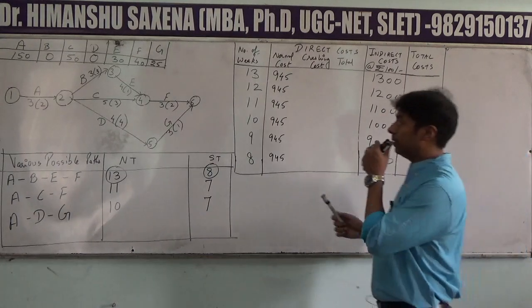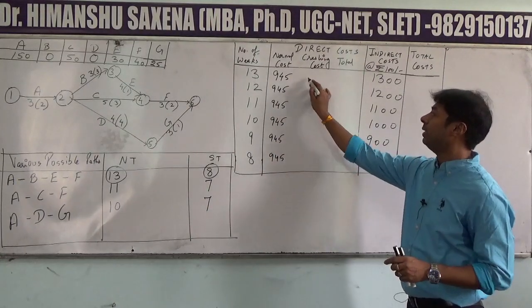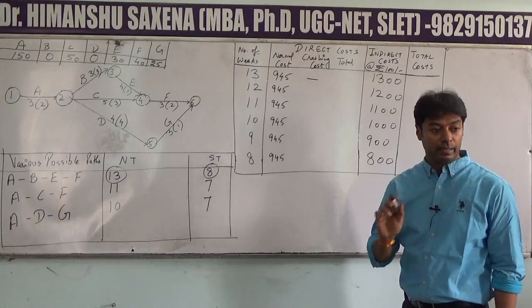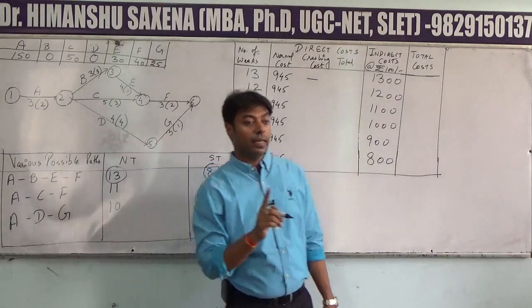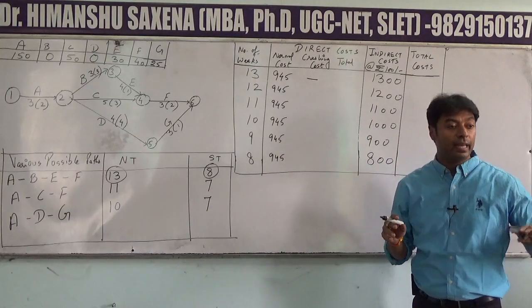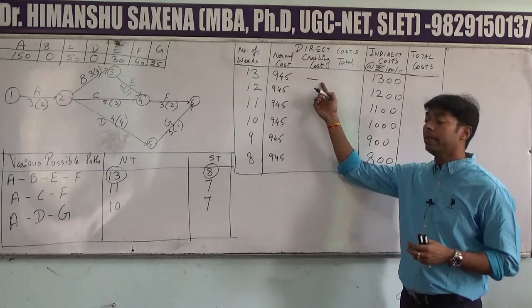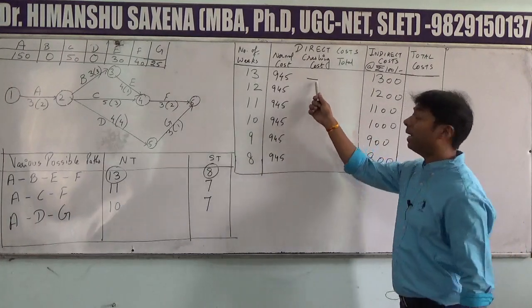Okay, so we start. Now remember, the first entry in crashing cost is always dash. In each and every question, the first entry would always be dash, because we have not reduced any activity. So when we have not selected any activity for reduction, we don't need to pay any cost.